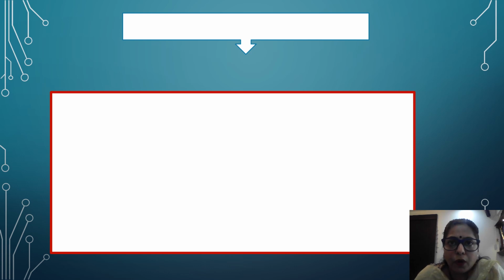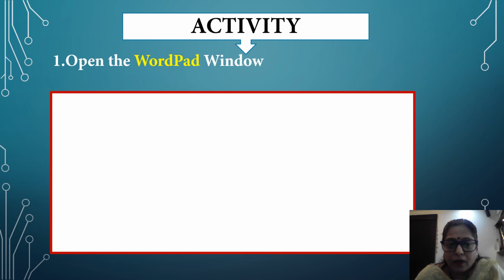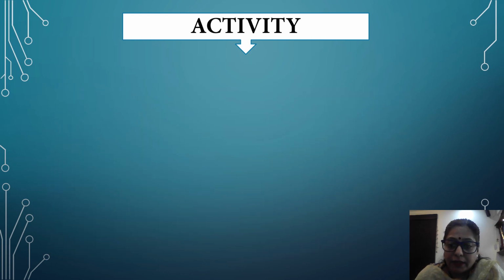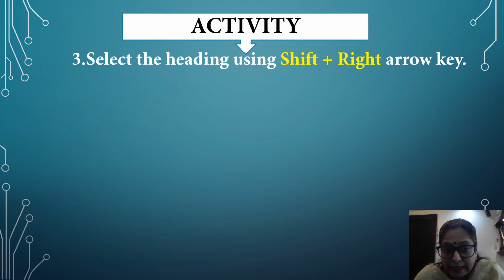Students, today we are going to learn activity on WordPad. For doing this activity, we have to follow some steps. First, you have to open the WordPad window. Then, in that WordPad, you have to type the given text. After that, select the heading using Shift plus arrow key.